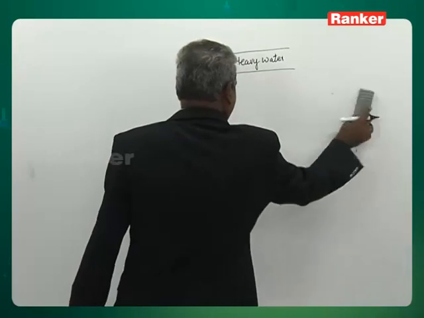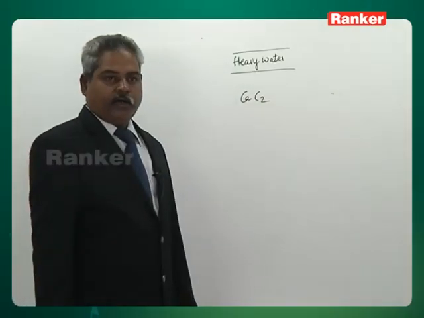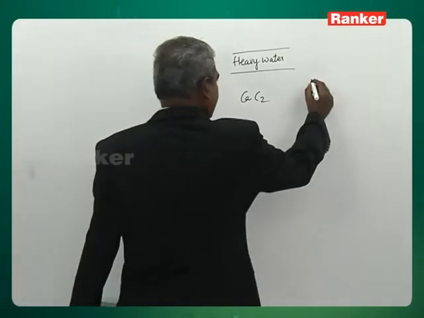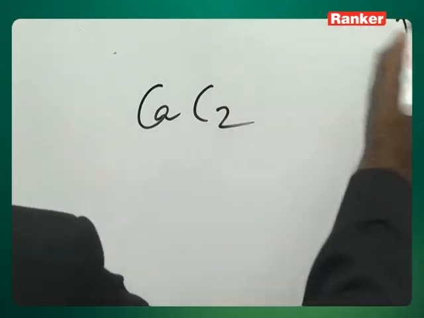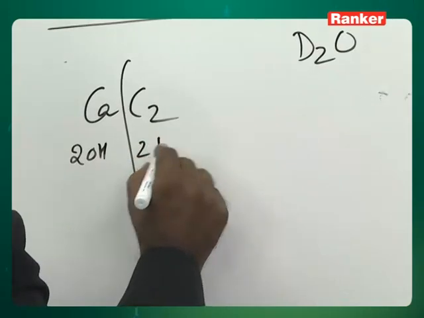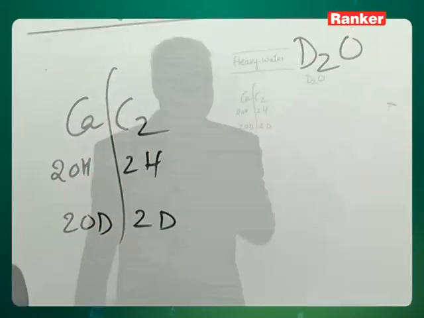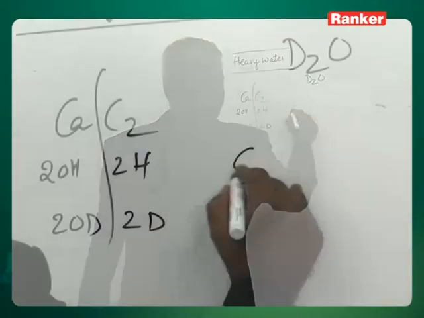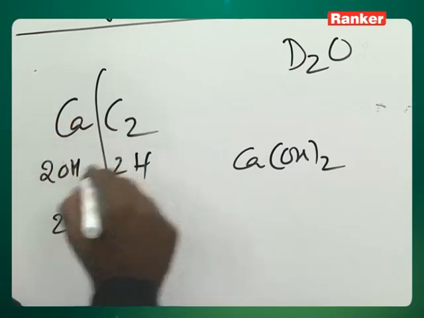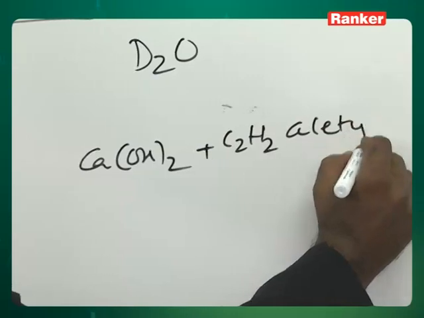Let us look at 2-3 more. Calcium carbide hydrolysis reacts with water. I actually want the reaction with D2O, but I am first reacting with H2O. 2 OH, 2 H. So, it is 2 OD, 2 D. So, you get Ca(OH)2, calcium hydroxide, and C2H2, acetylene.